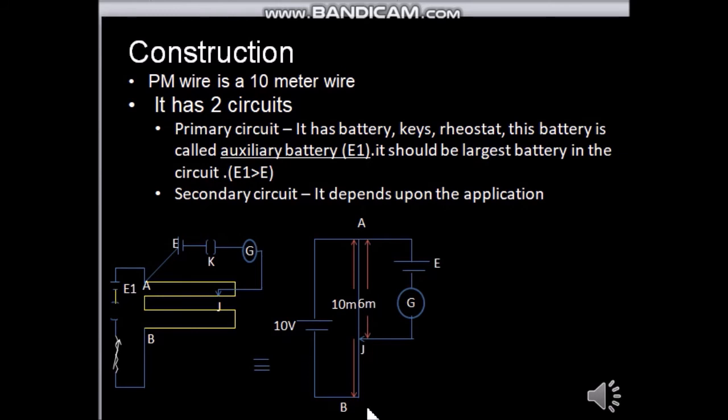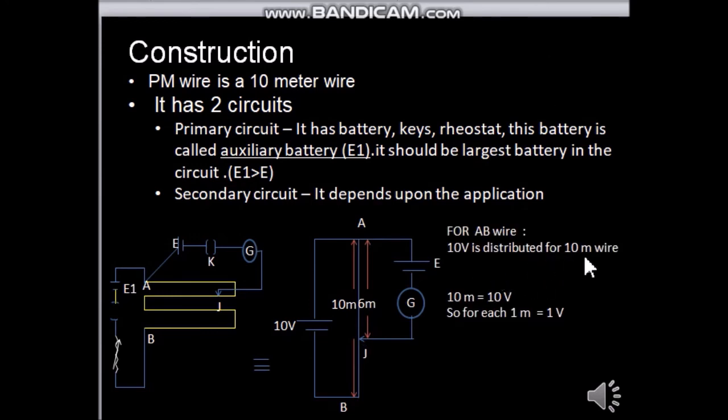Voltage. So this 10 volt is available for the whole AB wire. So what is the voltage for 1 meter length? The 10 volt is distributed over the 10 meter wire. That means for the whole 10 meter, 10 volt is available.